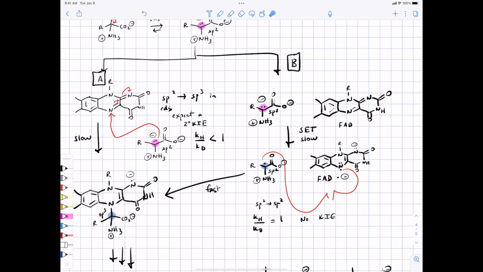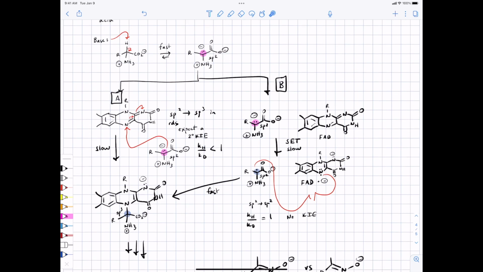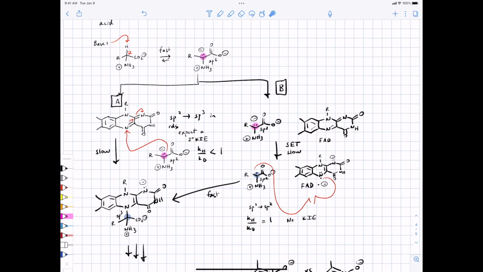However, in the slow step, radicals are similar to carbocations. They're electron poor, and they benefit from resonance as well. So via the single electron transfer mechanism, you would predict hybridization doesn't change very much. Okay, so the slow step involves change from sp2 to sp3 for pathway A.